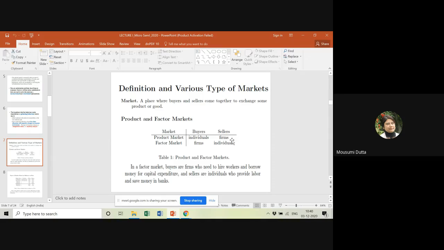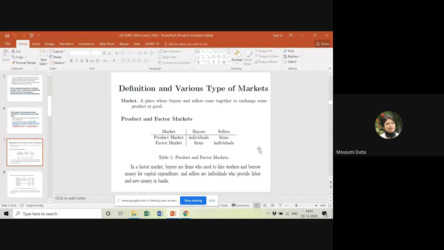Different brands and different firms are selling the commodity. In the factor market, firms, who are the sellers in the product market, are the buyers, buying the raw materials from individuals. You may have some land, and you give the land on lease to some producer who will set up a factory or an industry on that particular land.